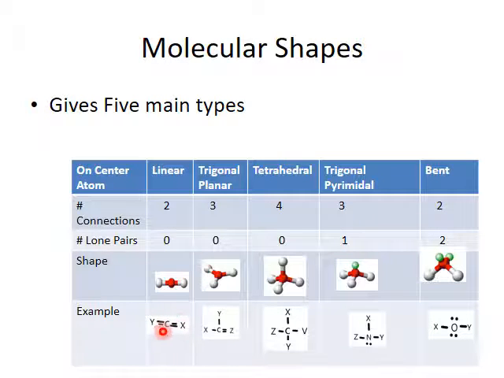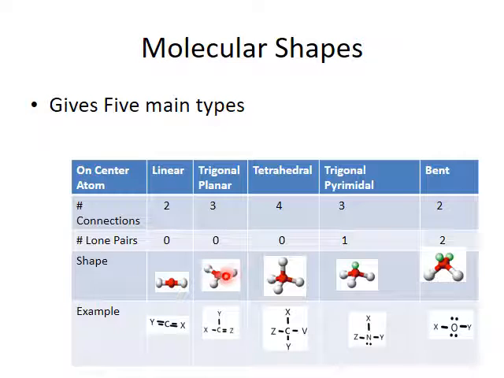How you can tell, if you're given a bonding structure like this, that it is linear, is that the center atom has 2 atoms attached to it, and it doesn't matter the number of bonds. I know it has 4 bonds, but it only has 2 attachments, and there are no lone pairs on the center atom. So 2 attachments, no lone pairs, will give you a linear molecule.